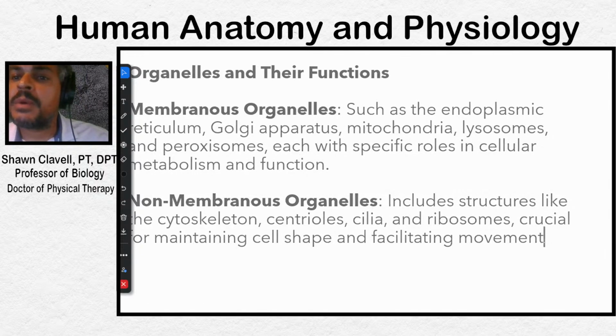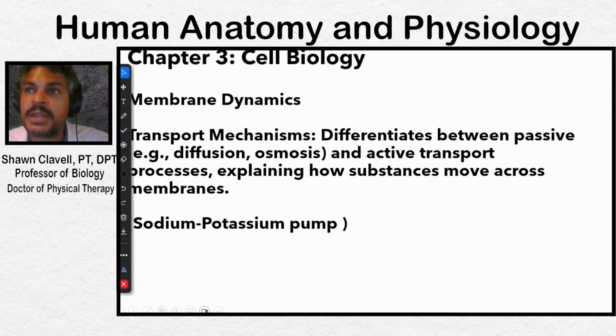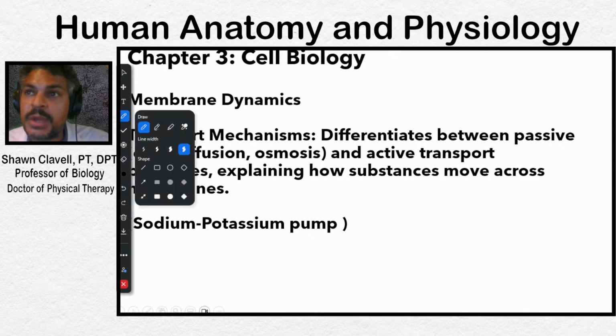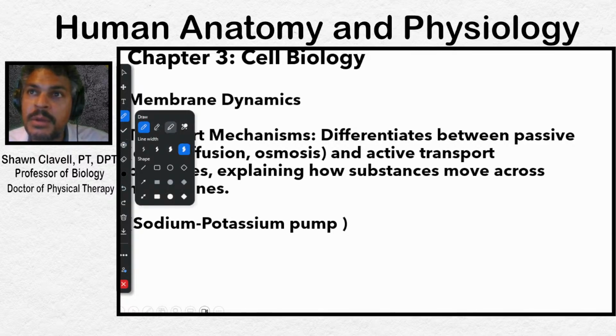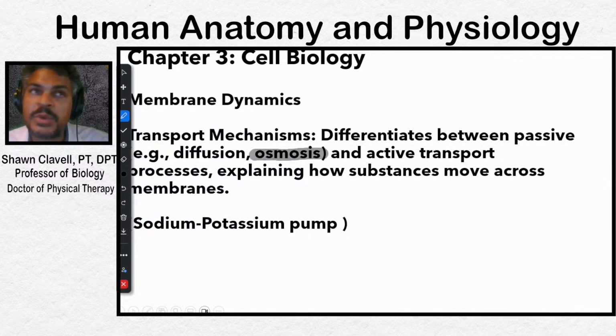I want to mention the topics related to osmosis, right? What happens with water. Let me make it a different color, a highlight style. So with osmosis, where solute goes, water is going to follow.